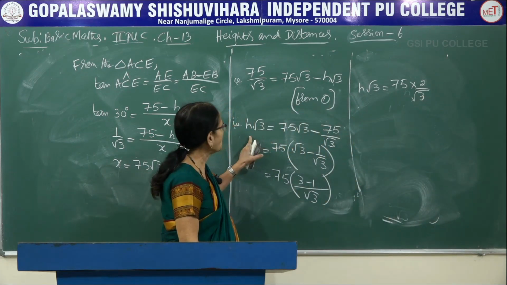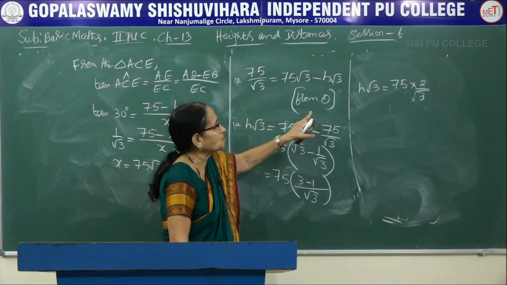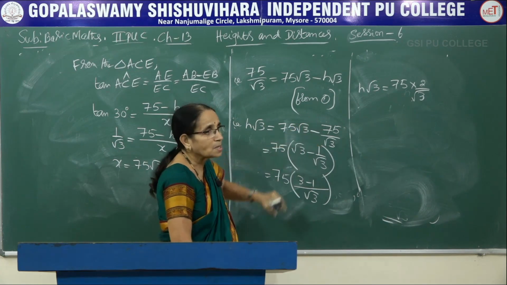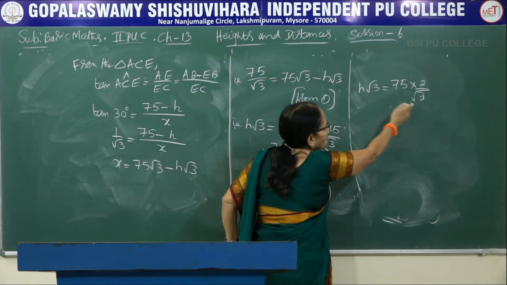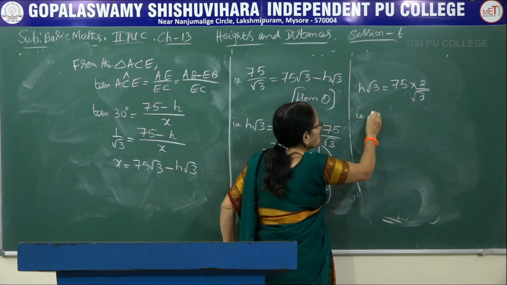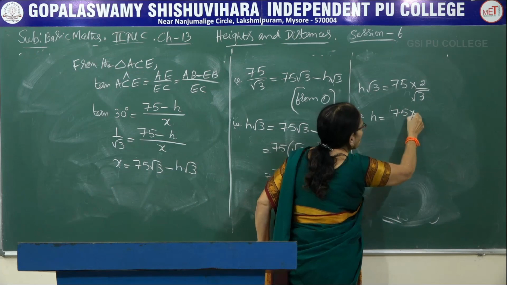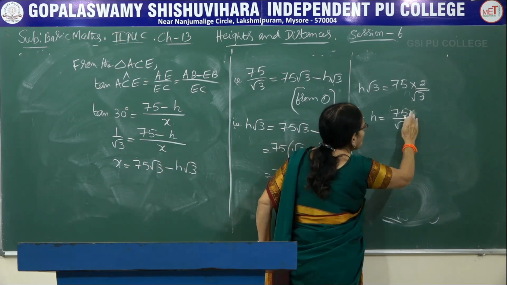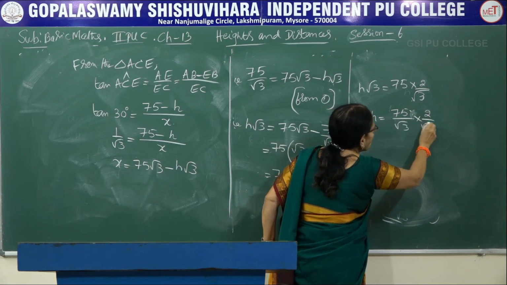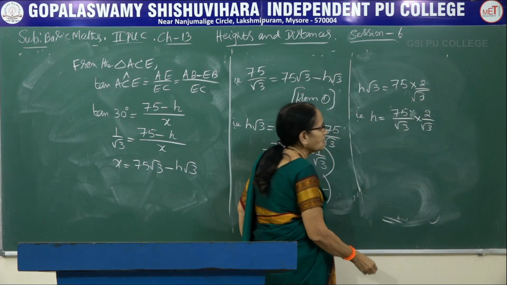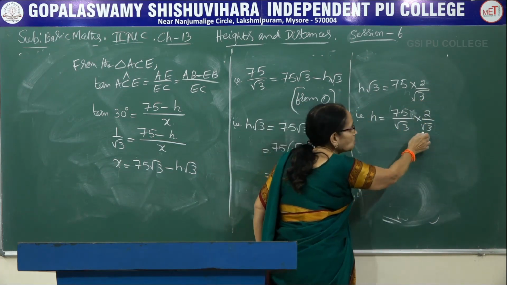So what has to be done now? This root 3 on the left hand side should be shifted to the right hand side, because it is multiplied, it goes to the denominator position. That is, H would be equal to 75 divided by root 3 into 2 by root 3. This 2 by root 3 I am writing as it is. What is root 3 into root 3?